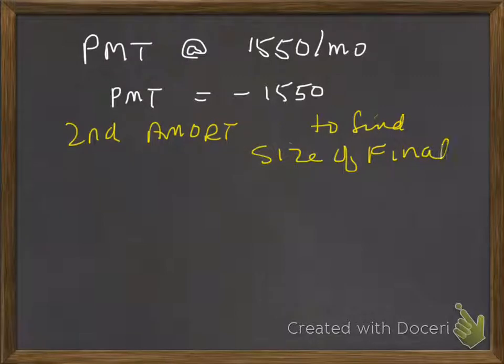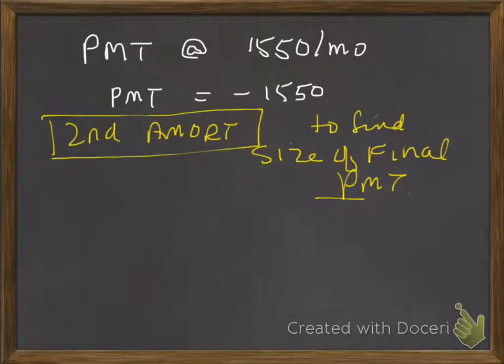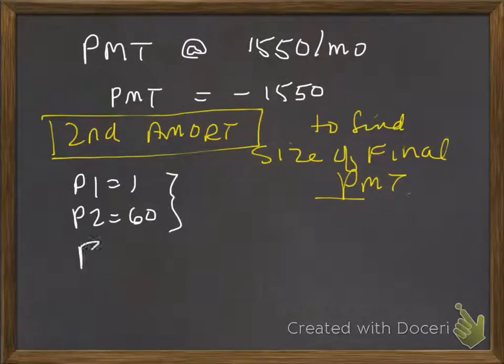The final payment being the 60th payment. So how do we find the size of the 60th payment? Well, once we've entered in second amort, we're going to go to P1 is equal to 1, P2 is equal to 60, and your calculator will tell you what the balance is after the 60th payment.